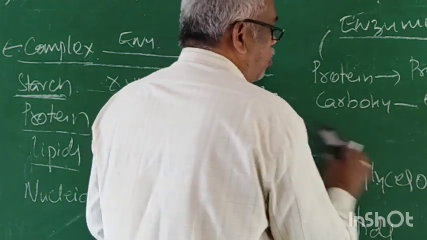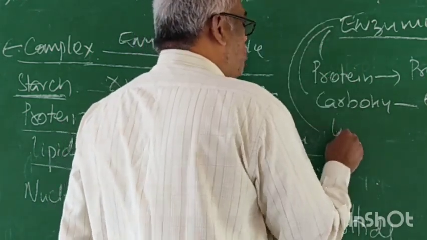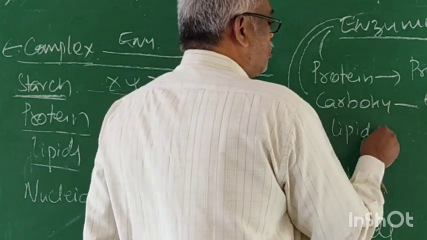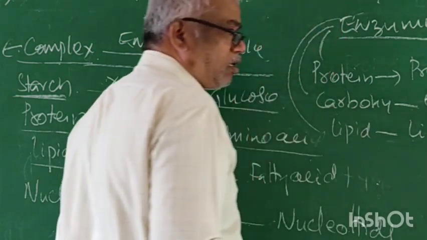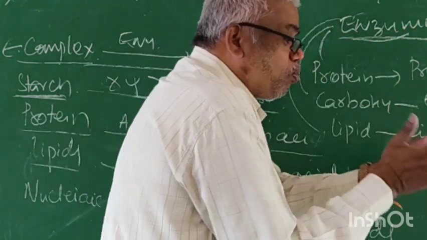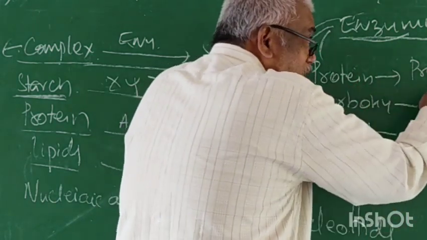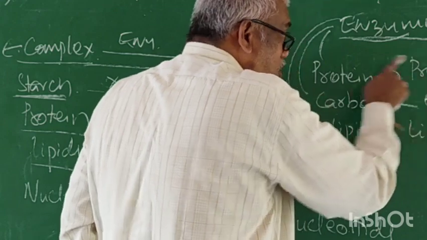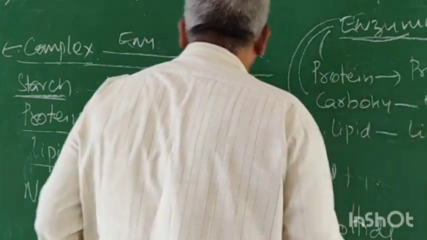Alright. Now, the enzymes which work on lipids, lipases. Simply, right. A group of enzymes which works on protein is called proteases. The proteases work only on protein. These proteases do not work on carbohydrates.